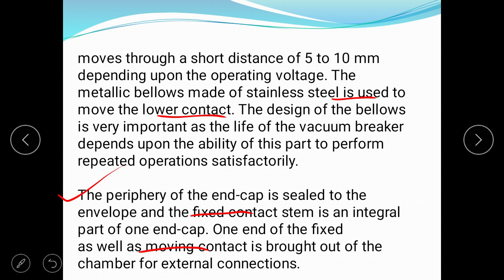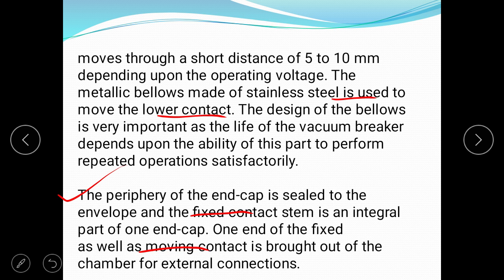Next is a large number of operations on load or short circuit, suitable for repeated operating duty and long life. Next is usable on any voltage up to 230 kV and higher, where exceptionally long life and maintenance-free operation is desired. Means it does not require maintenance.